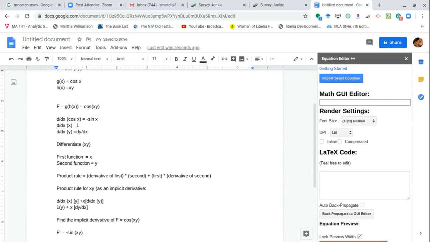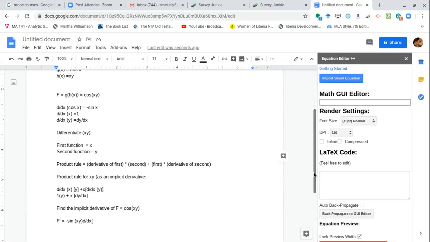Now I'm going to multiply by the derivative with respect to x of xy, which we did up here.